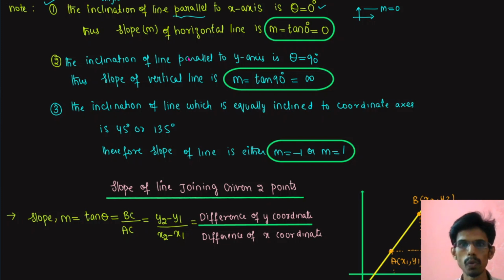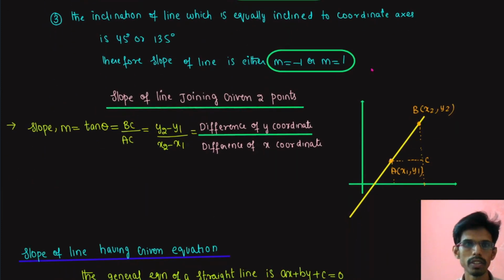Now the point number 2 here says that the inclination means angle made by the line parallel to y-axis. So here we have coordinate axis, this is y-axis. Now if we have a line like this, then the angle made here will be 90 degree. So it means that the slope will be infinite. Infinite means it is undefined. Slope is not defined here.